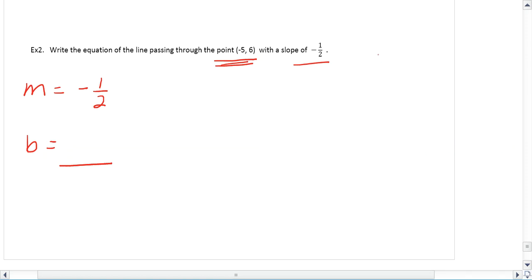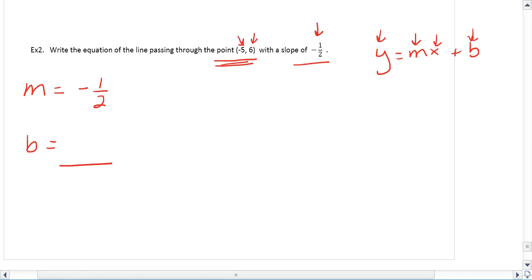So let's go back to looking at y equals mx plus b, and this time look at it as a formula. This formula has 4 letters in it: y, m, x, and b. And over here in my information I'm given, there's one number, there's another, and there's another.